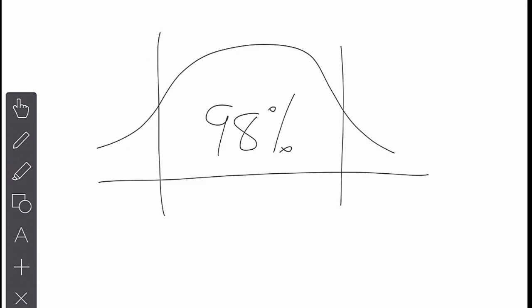So to be as precise as possible, we need to verify what these endpoints are. Is it 2 standard deviations away? It's a little bit more than 2, isn't it? And it's less than 3 because 3 is 99.7. So I want to get more precise about what it is.